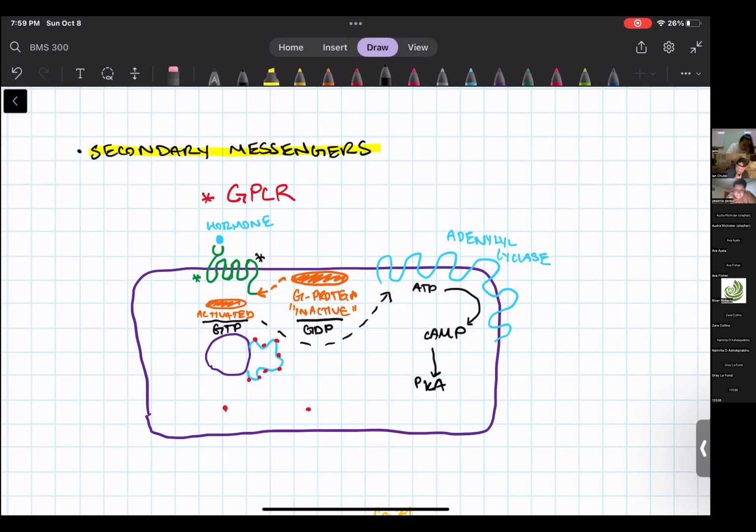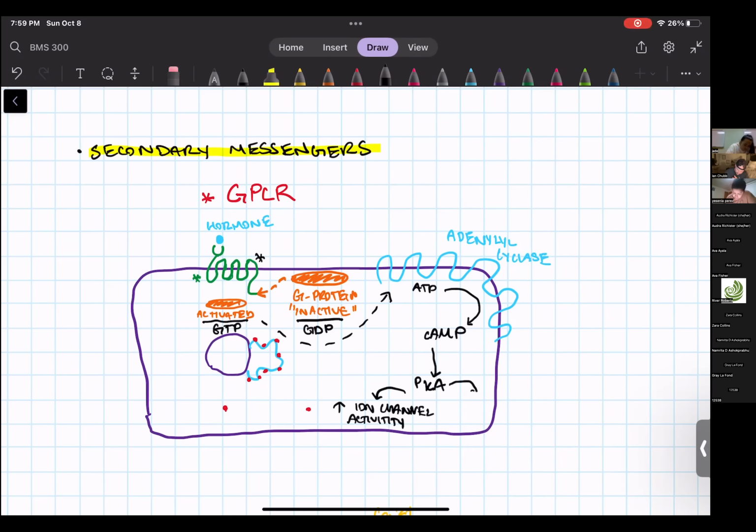Protein kinase A can then go off and increase ion channel activity. It does that by phosphorylating, or putting phosphates on, the channel. That will increase activity.